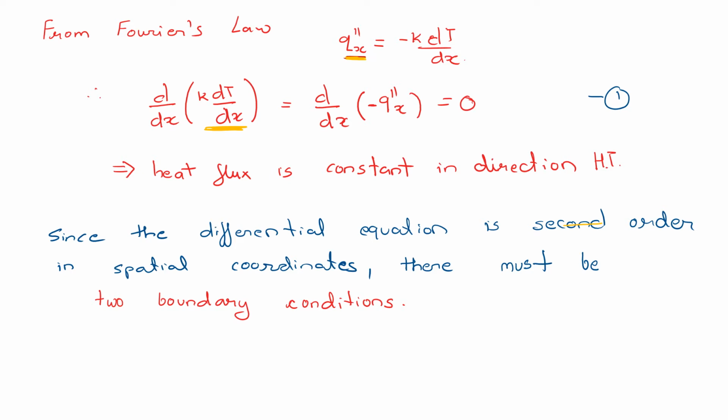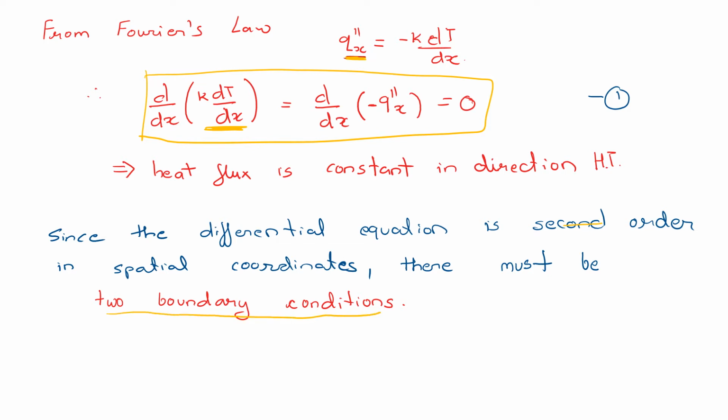Since this is a second order differential equation, second order in temperature, I'm sorry, we must have at least 2 boundary conditions to solve for temperature. So in the next slide, we'll see what boundary conditions we can apply.